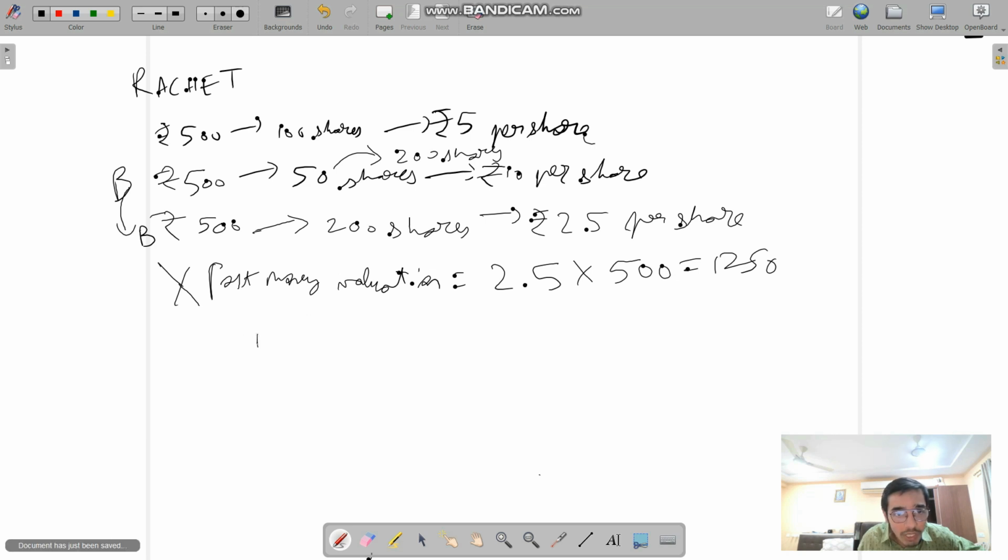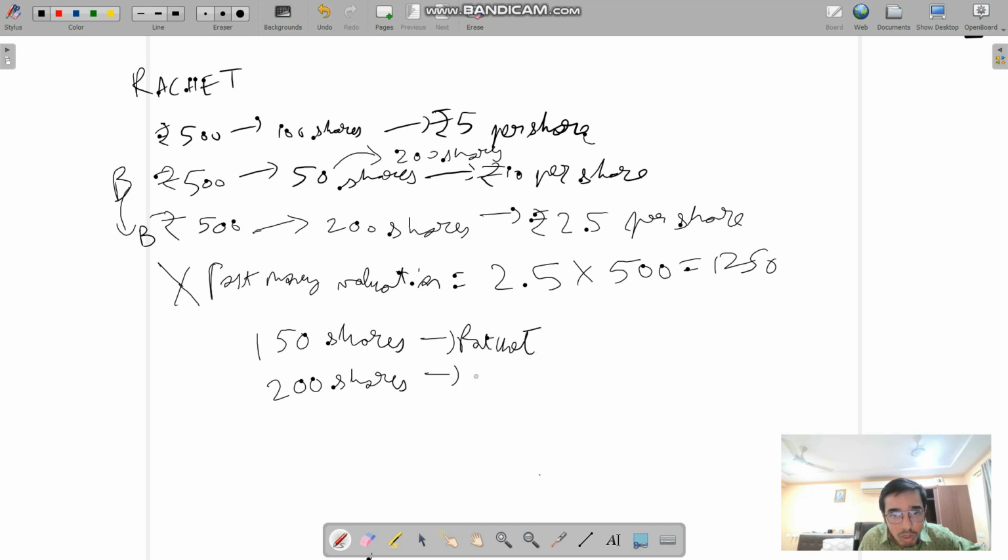So how many additional shares did he get over here? 150 additional shares, right? Then he invested rupees 500 more and he got 200 shares. So additional shares that he got, this was through Ratchet provision and this was through new investment. So the total additional shares that he got was 350 shares, right?